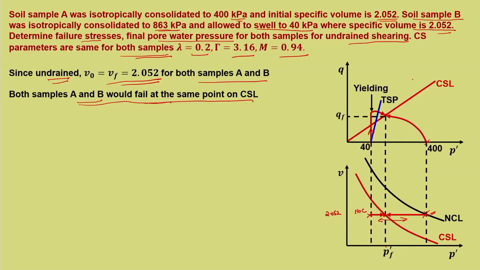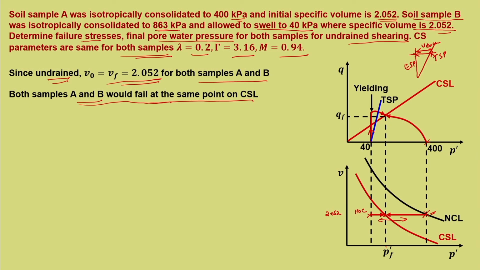For example, in this particular case, let us say this is ESP and this is TSP. Now, if I draw a horizontal line, this point and this point are called homologous points. The difference between them will give the u excess. This is the pore water pressure.